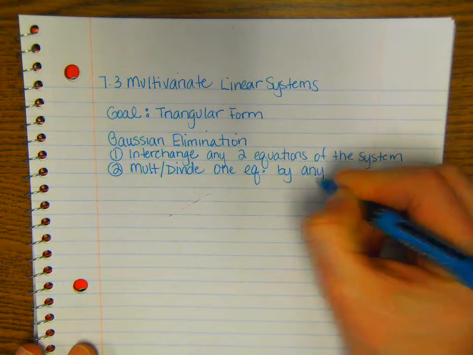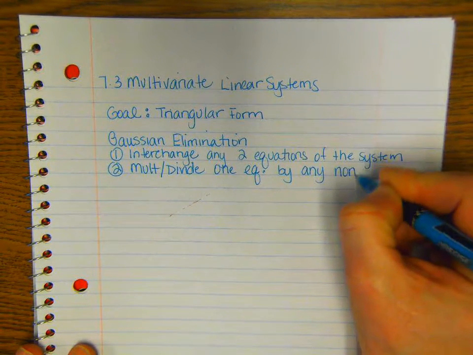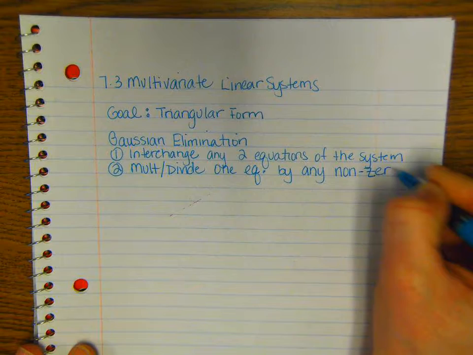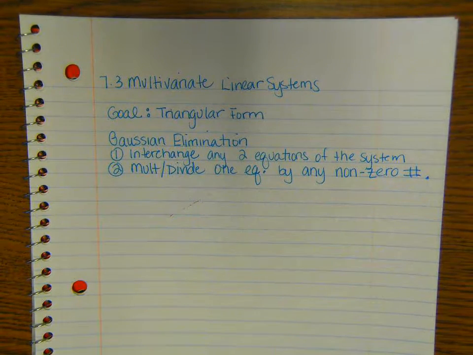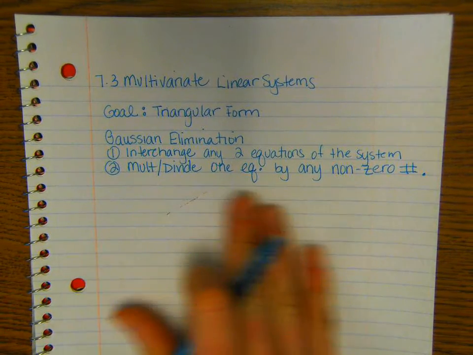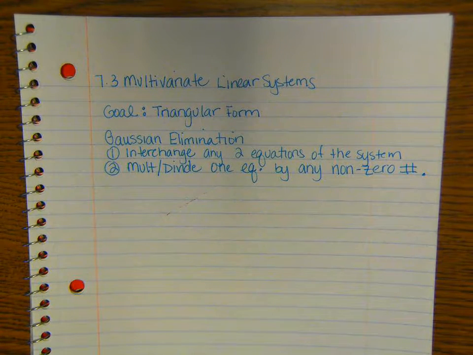I shouldn't have to state that, but what would happen if I multiplied an equation by 0? It would all go away. So you can multiply and divide one equation by any non-zero number to make it simpler or to eliminate.